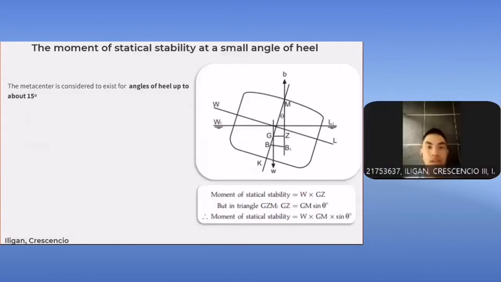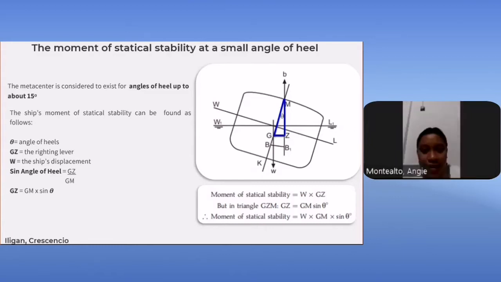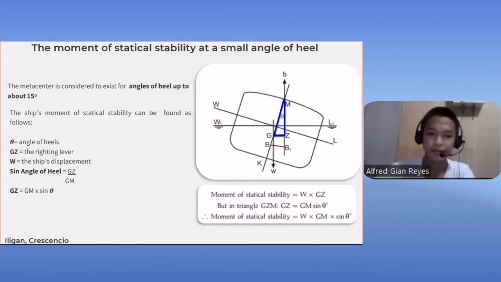The moment of statical stability at a small angle of heel. The metacenter is considered to exist for angles of heel up to about 15 degrees. So 15 degrees and below is considered a small angle of heel, where theta is the angle of heel, GZ is the righting lever, W is the ship's displacement, and the sine of the angle of heel is GZ over GM.